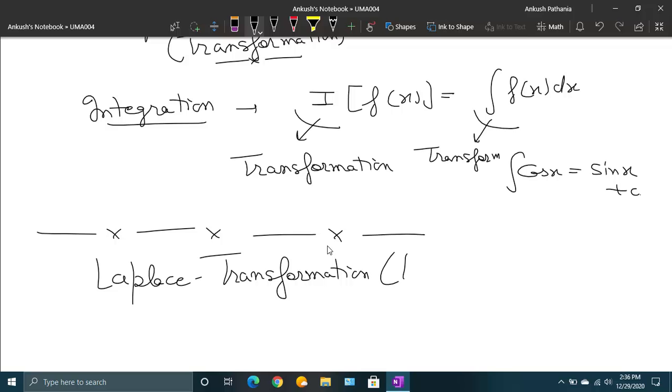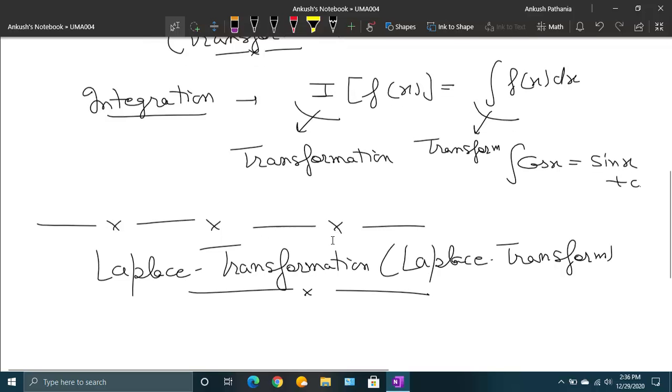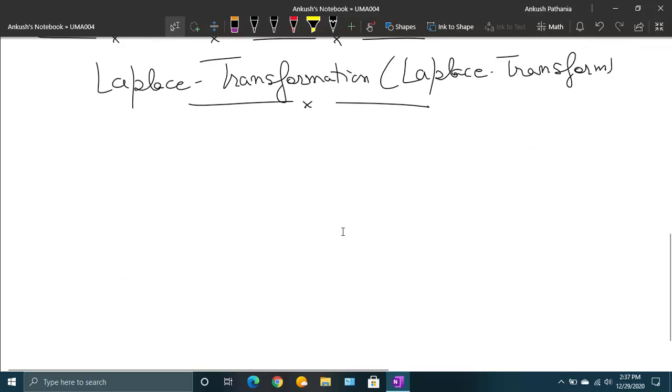So what is the actual definition of the Laplace transformation and Laplace transform? Let me write it here.